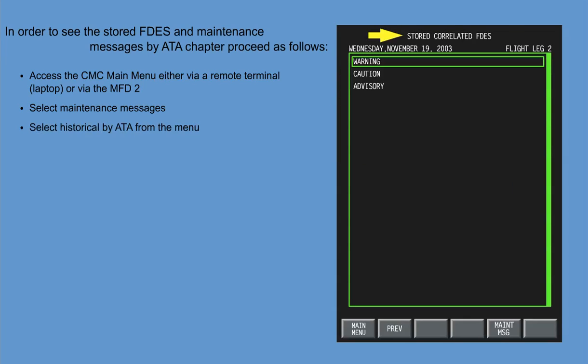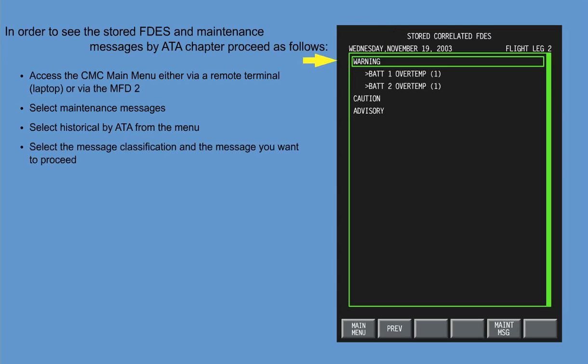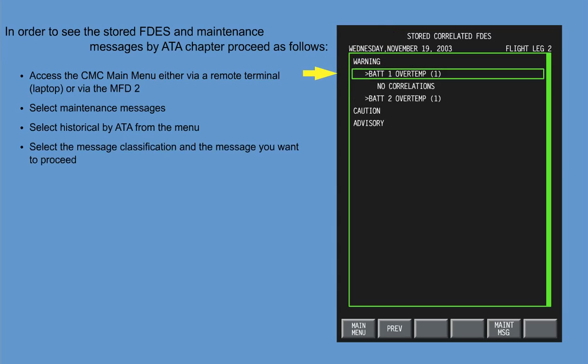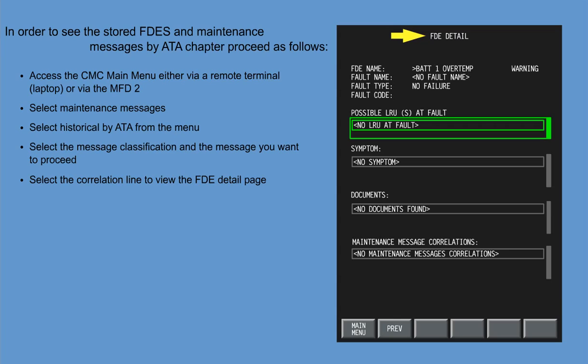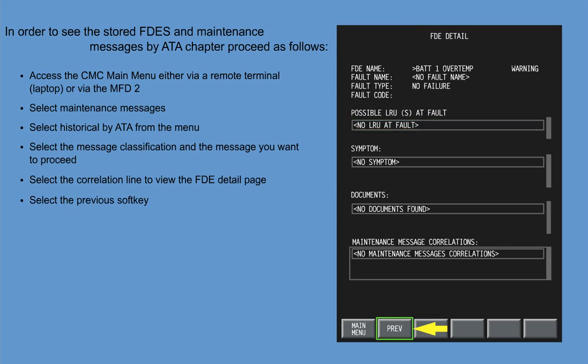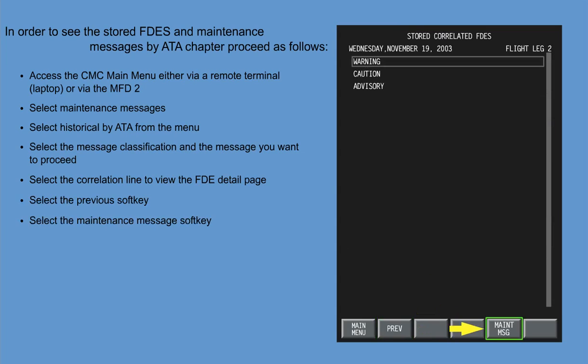This will bring you to the stored correlated FDES page. Select the message classification and the message you want to access. Then select the correlation line to view the FDE detail page. In order to proceed to the stored maintenance messages, select Previous Soft Key and then Maintenance Message Soft Key to enter the stored maintenance messages.